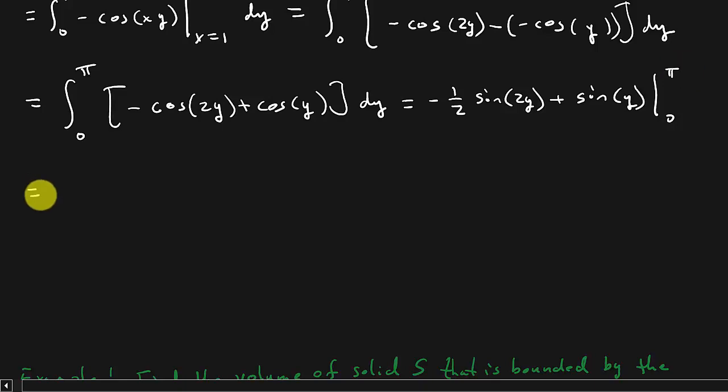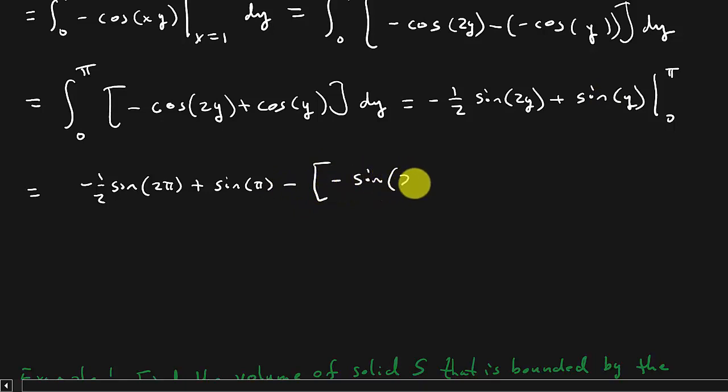So this is going to give us negative 1/2 times sine of 2 pi plus sine of pi, so I plug the pi in for y, and then minus negative 1/2 sine of 2 times 0 plus sine of 0.